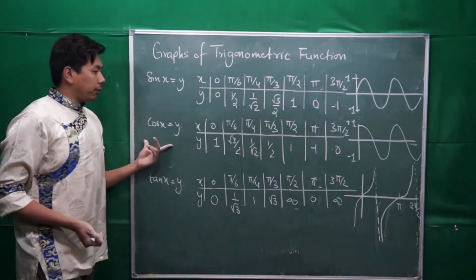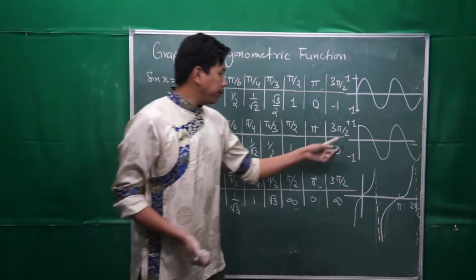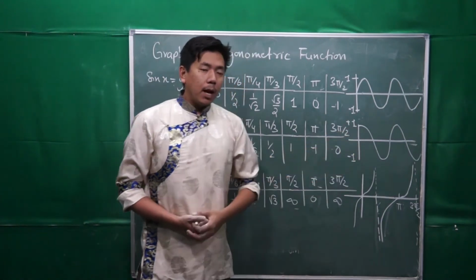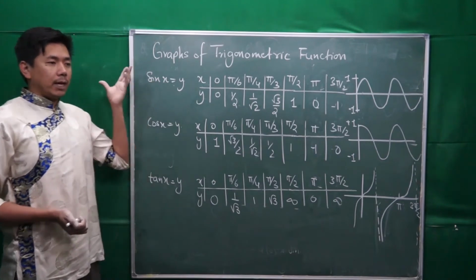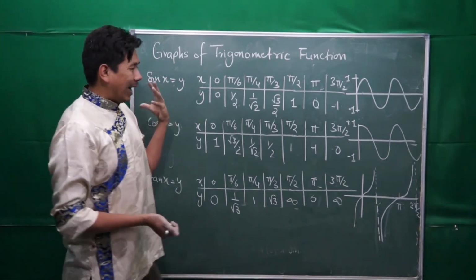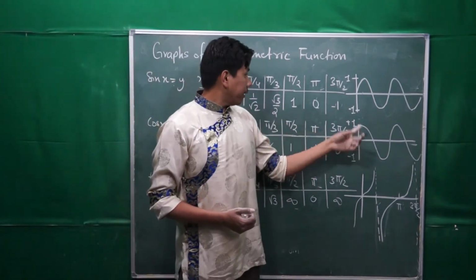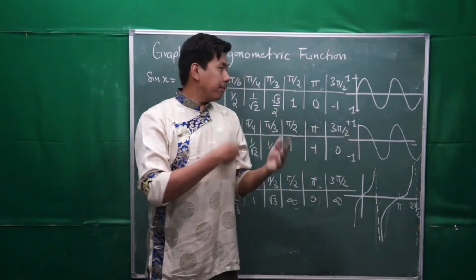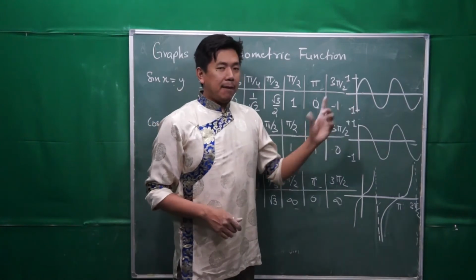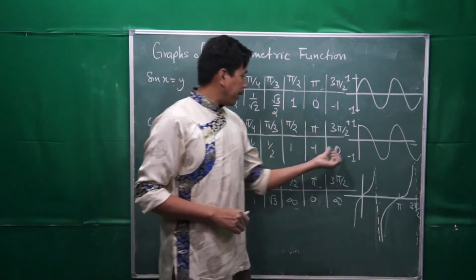Now, the cos trigonometric function has a maximum value of +1 and a minimum of -1. However, if you compare the sine and cos trigonometric ratios and their respective graphs, we see that cos x is lagging behind sine x by a short distance of pi by 2.